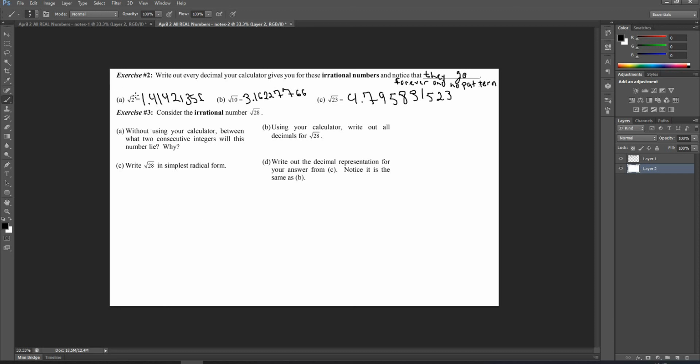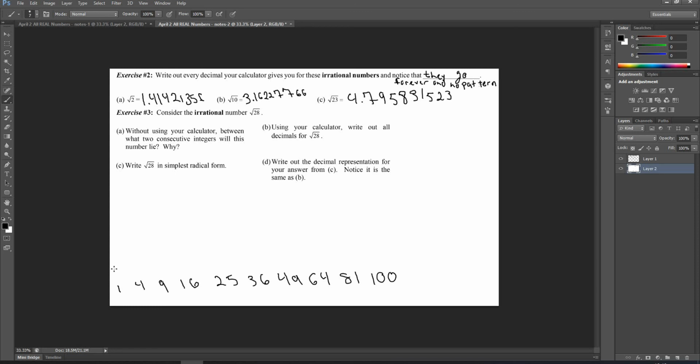So we know 2 is between the perfect squares. I'm going to write our perfect squares out real quick in order: 1, 4, 9, 16, 25, 36, 49, 64, 81, 100.